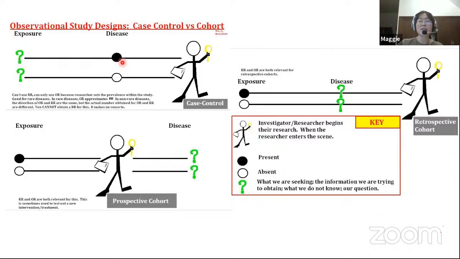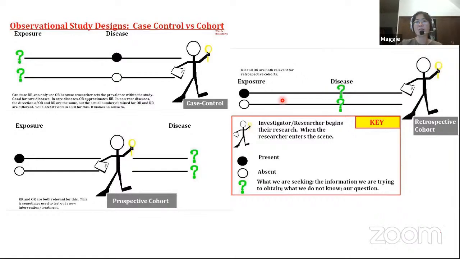And then we know that they already developed lung cancer when they go into hospital. And then we go back to ask, if they are smokers, how long did they smoke? How often did they smoke in the past 10 years? And then get the results. That's the case control. On the other hand, if you collect two different groups, one smoker, another non-smoker, and follow them to see who develops lung cancer and do the study, that's the cohort study. So that's the main difference between the cohort study and the case control studies.